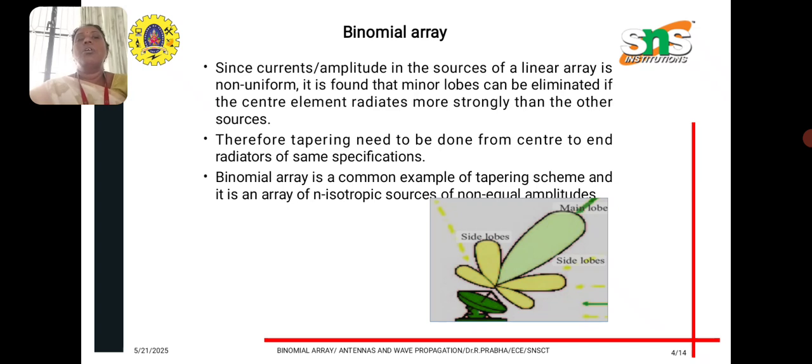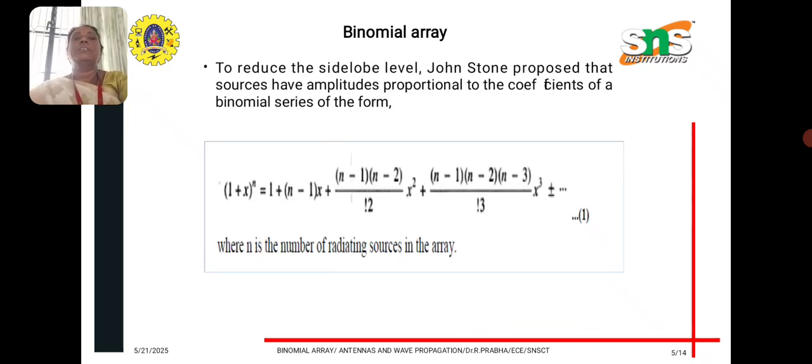The binomial array is a common example of a tapering scheme, and it is an array of n isotropic sources of non-equal amplitudes, and the diagram represents the directive radiation pattern of an antenna from a parabolic reflector.